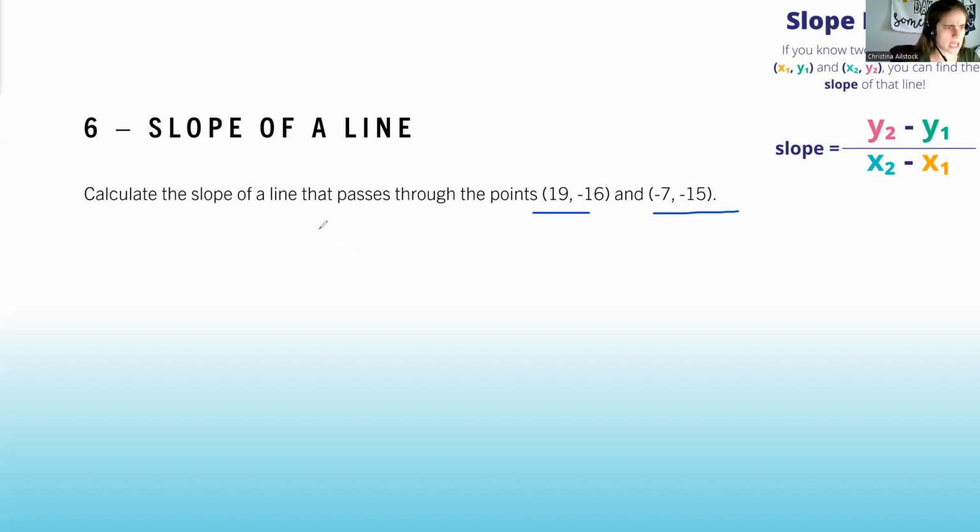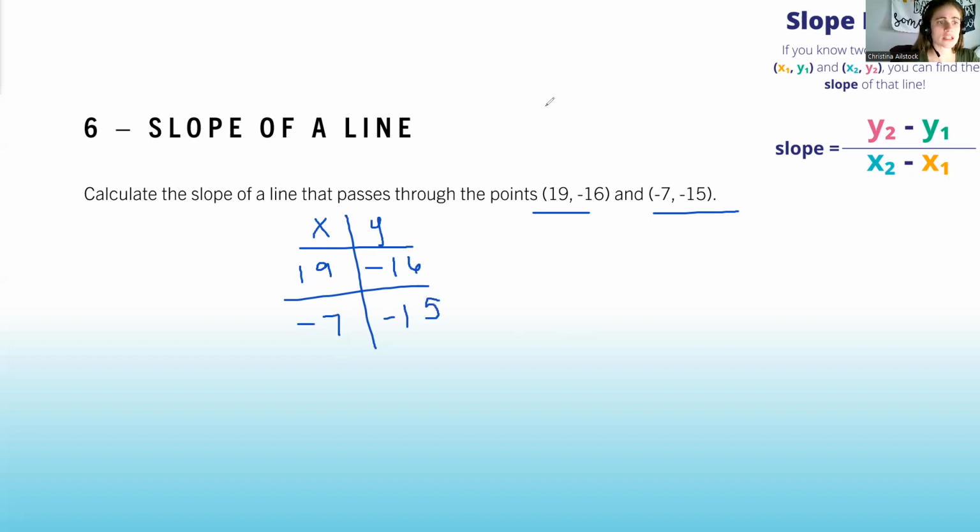So we can just create a simple t table or a simple t chart, which is just your x and your y values. So first we have 19 and negative 16, and then we have negative 7 and negative 15. And to find that slope of the line, it's very similar to a proportional relationship, only with slope, we want to discover how much our y is changing by.